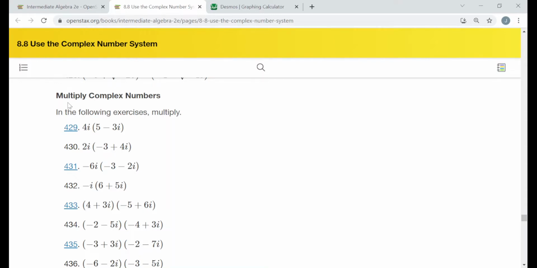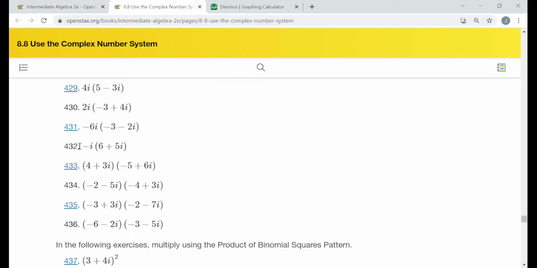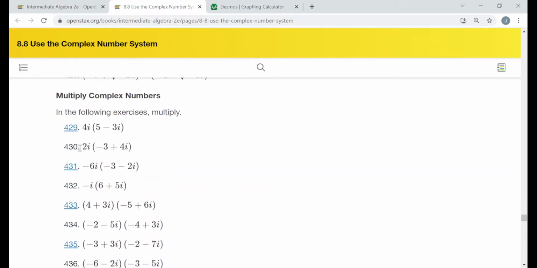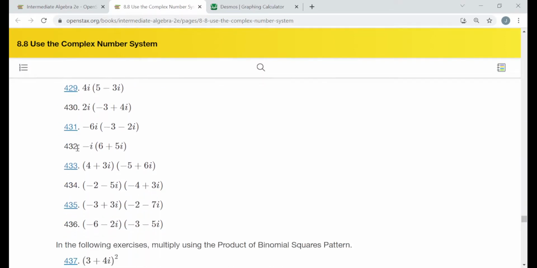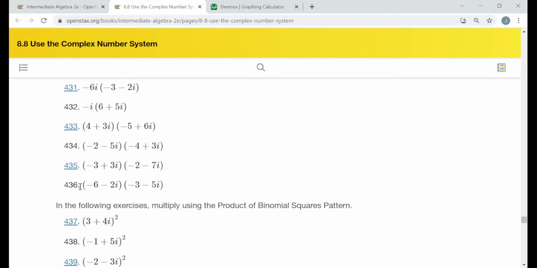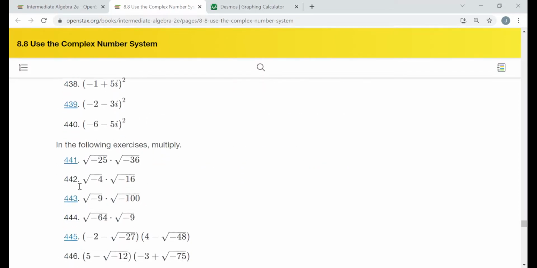I'll be working under the heading Multiply Complex Numbers, and I'm only going to be working on the even numbered exercises, starting with number 430, then going to 432, 434, 436, etc.